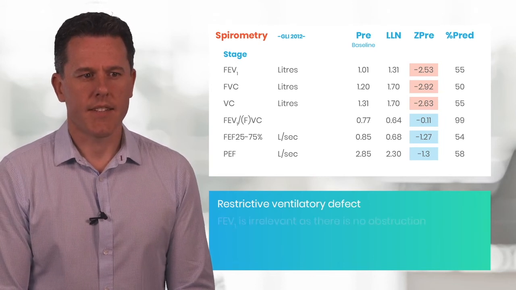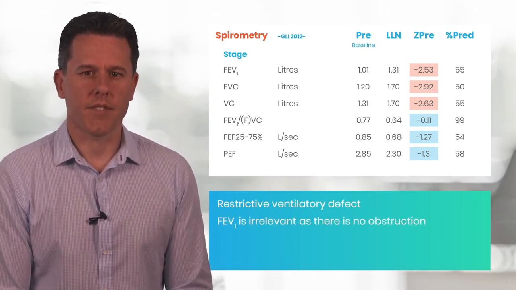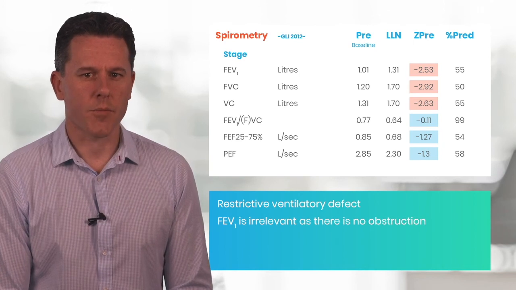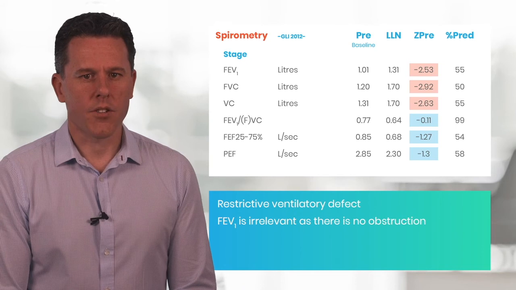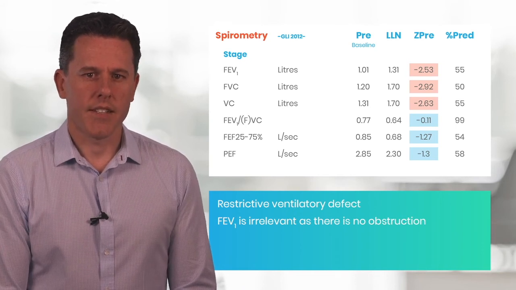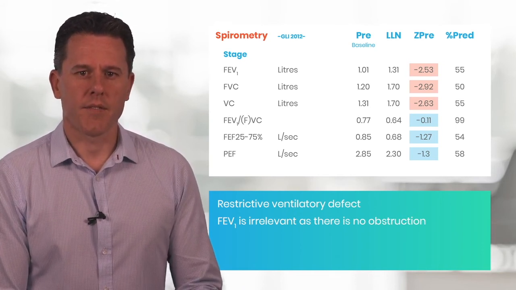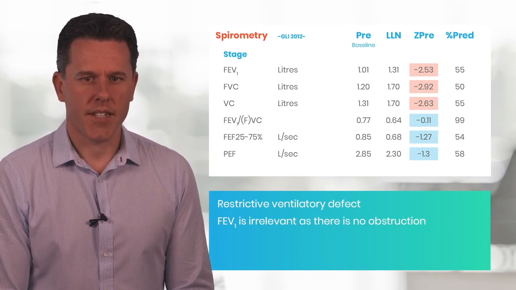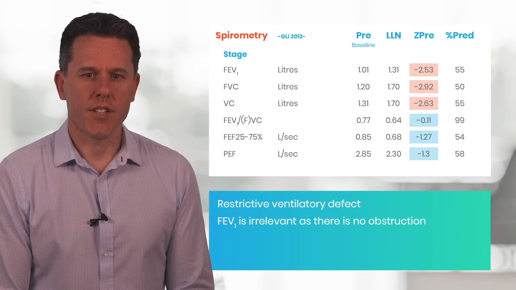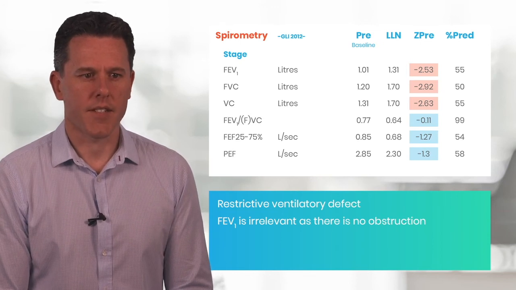So in this case, the FEV1 is completely irrelevant because there's no airflow obstruction. The severity of ventilatory restriction is found by the severity of reduction in the forced vital capacity. So 50% of predicted is consistent with a moderate restrictive ventilatory defect.